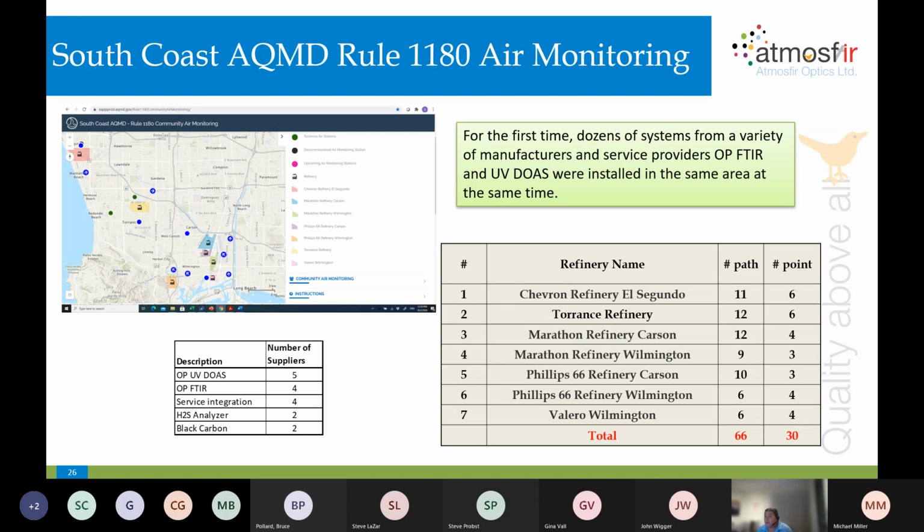We are talking about 5 UV DOAS providers, including the UCLA UV DOAS, 4 different FTIR manufacturers, 4 different service integrators, and 2 manufacturers each of H2S and black carbon analyzers. Altogether, at the 7 refineries, we are talking about 66 paths that were measured in the last year, and 30 point monitors for H2S and black carbon.